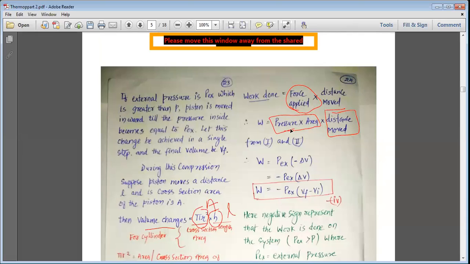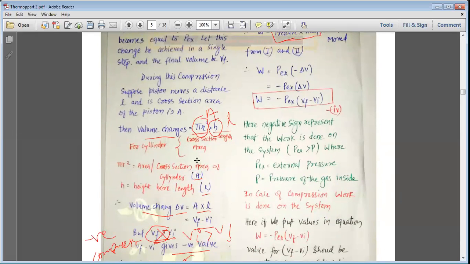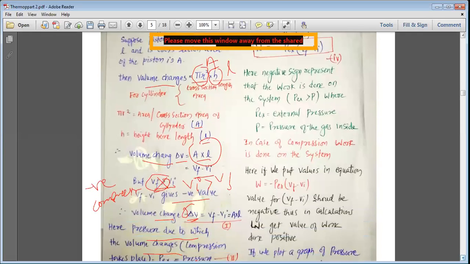When we put P external, area into distance is what we have derived here. A into L is the volume change. Minus delta V is equal to Vf minus Vi is equal to A into L.